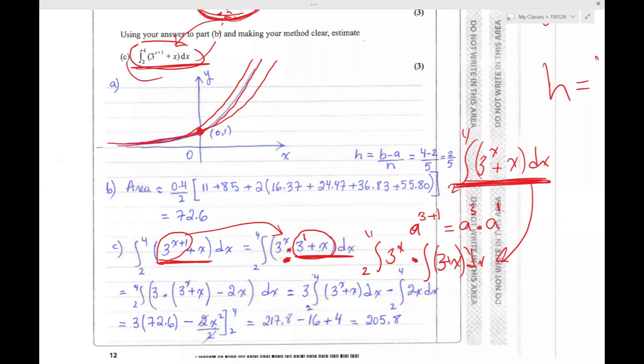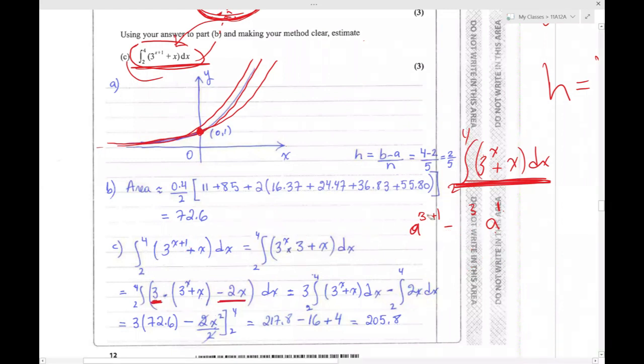In order to combine these two together, we have to subtract 3x. So in other words, let me explain it thoroughly. This is 3 to the x times 3 plus x. This is what you have to reach. You have to reach 3 to the x plus x.